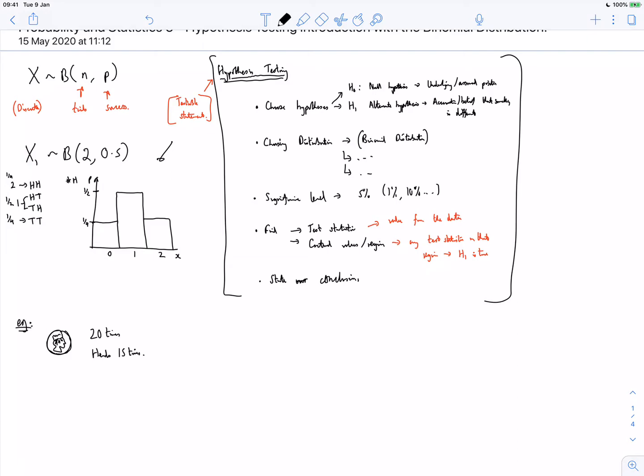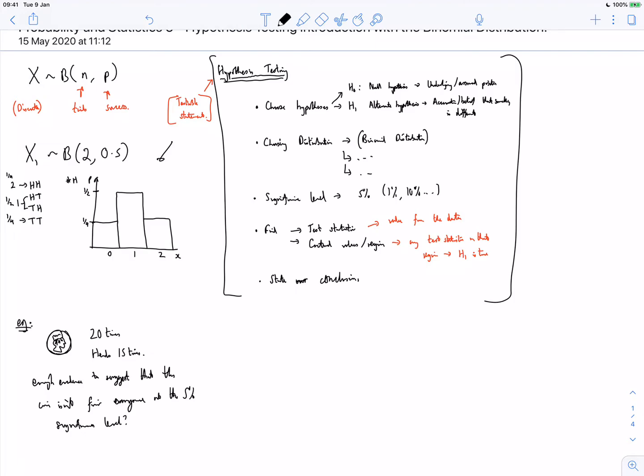Now, can I conclude, is that enough evidence to suggest that this coin isn't fair anymore at the 5% significance level?